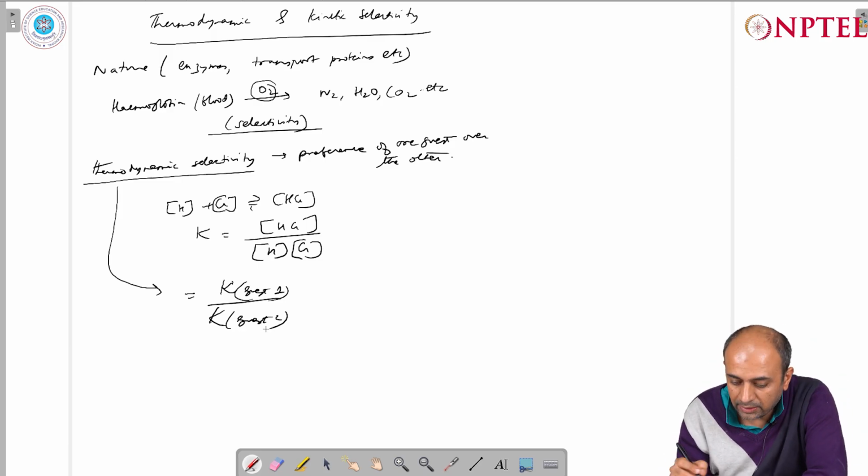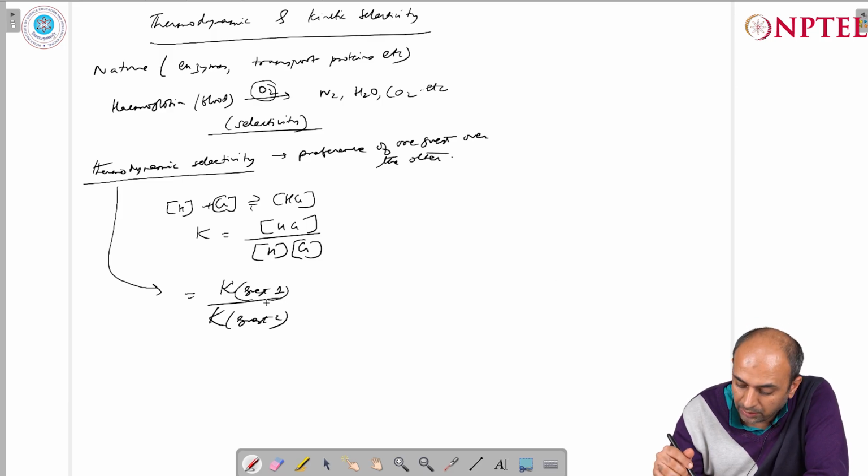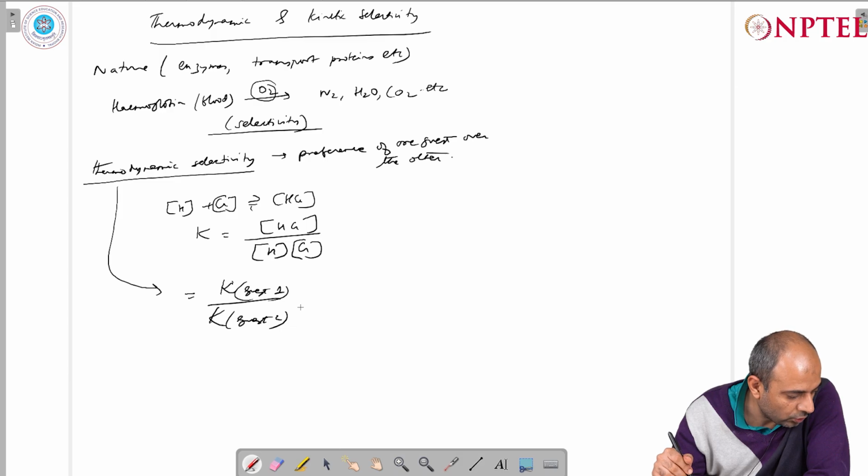So, larger is the value of this ratio, more is going to be the thermodynamic selectivity of one guest over the other.